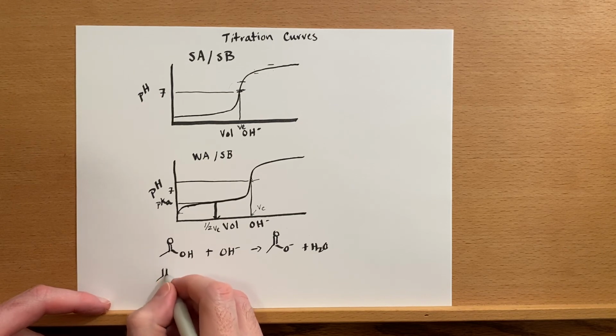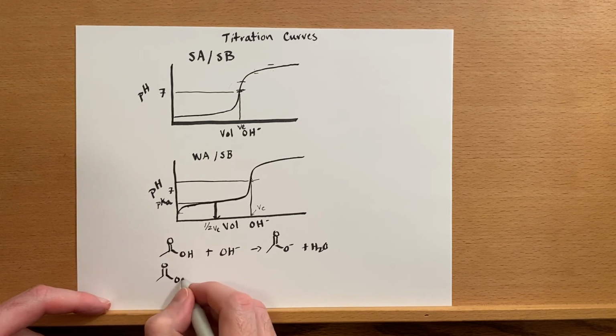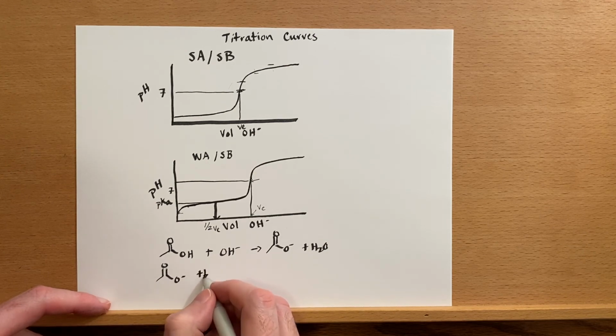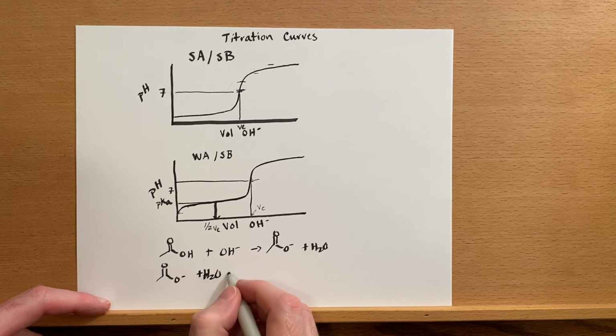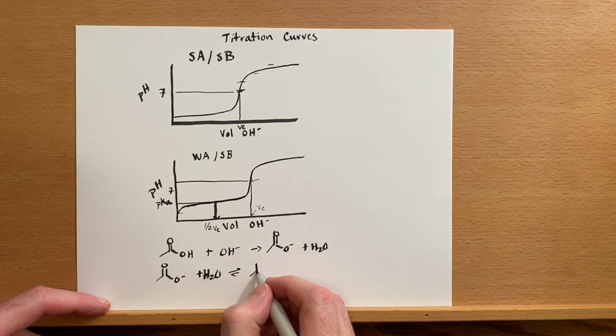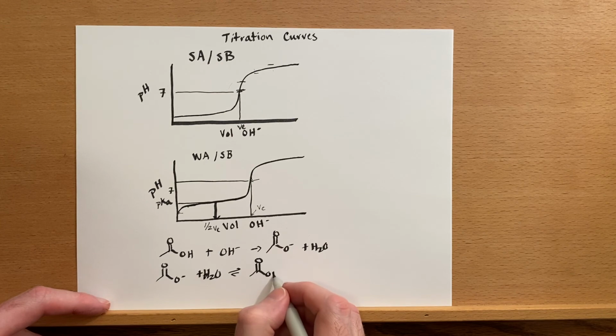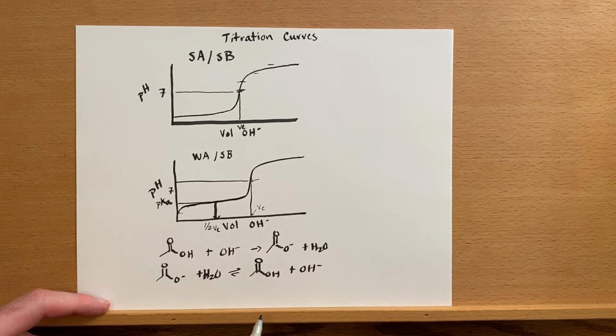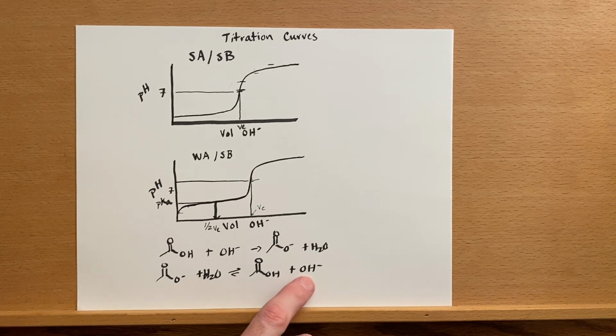let's look at Le Chatelier's principle. I'm going to write the Kb equation down here. Let's see here, H2O. Now, you'll notice that one of the products of our Kb reaction is hydroxide ion.